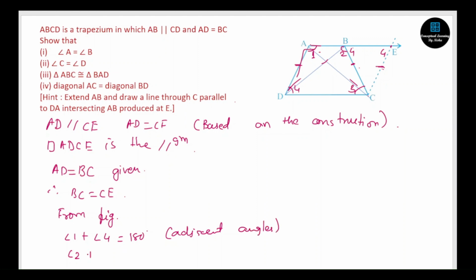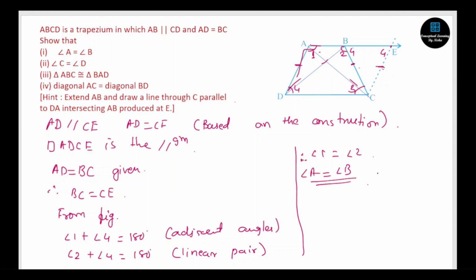And angle 2 plus angle 4 equals 180, linear pair. Correct? Now, yes, very smart. Angle 1 equals angle 2. So we prove that angle A is equal to angle B. This one we had to prove.